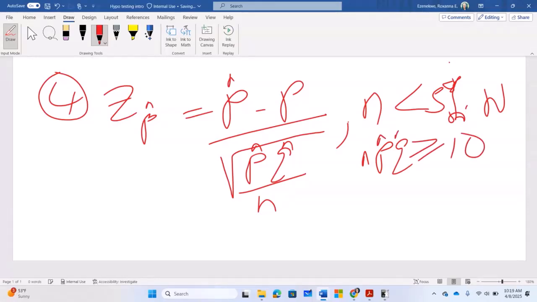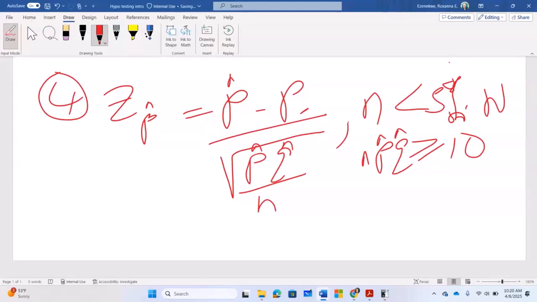Remember that this P hat and Q hat are from the sample, because you are actually looking for the population P. You don't know what it is. And remember that this P here is the population proportion, the one given to you, the one you are contesting.